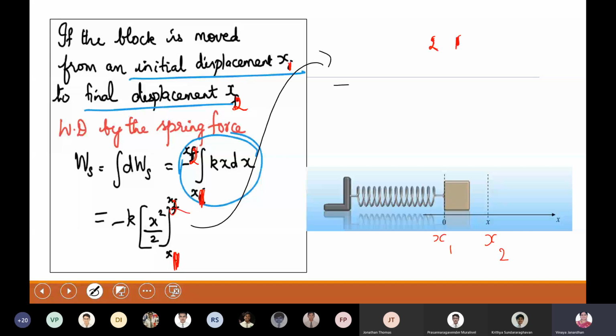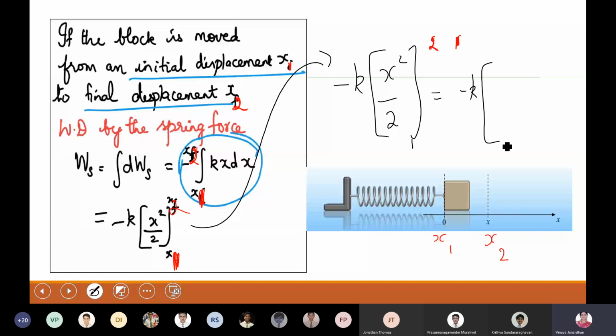So minus k into x squared by 2, with upper limit 2 and lower limit 1. So it will be x2 squared divided by 2 minus x1 squared divided by 2.